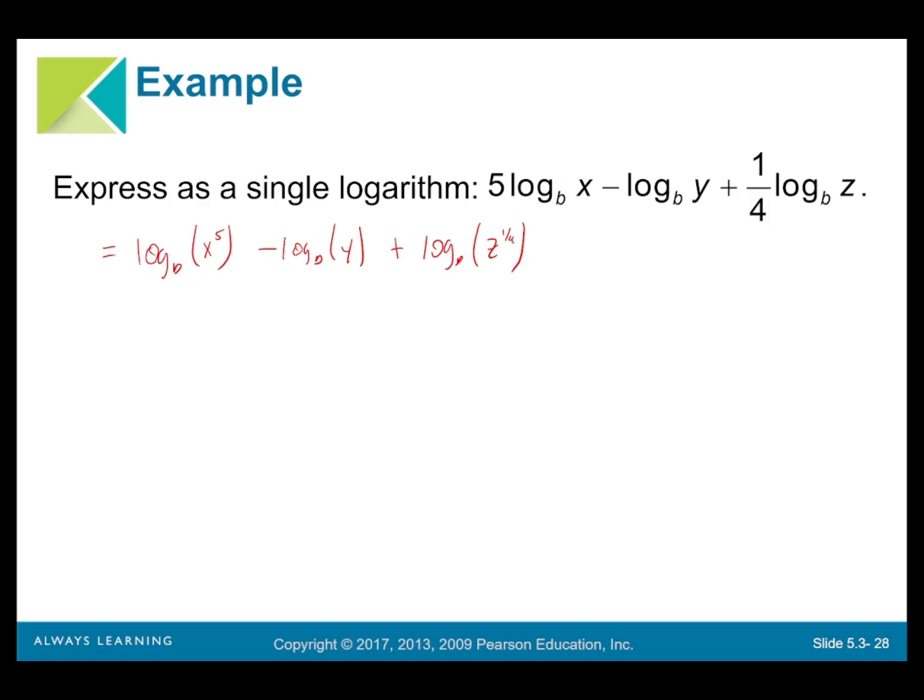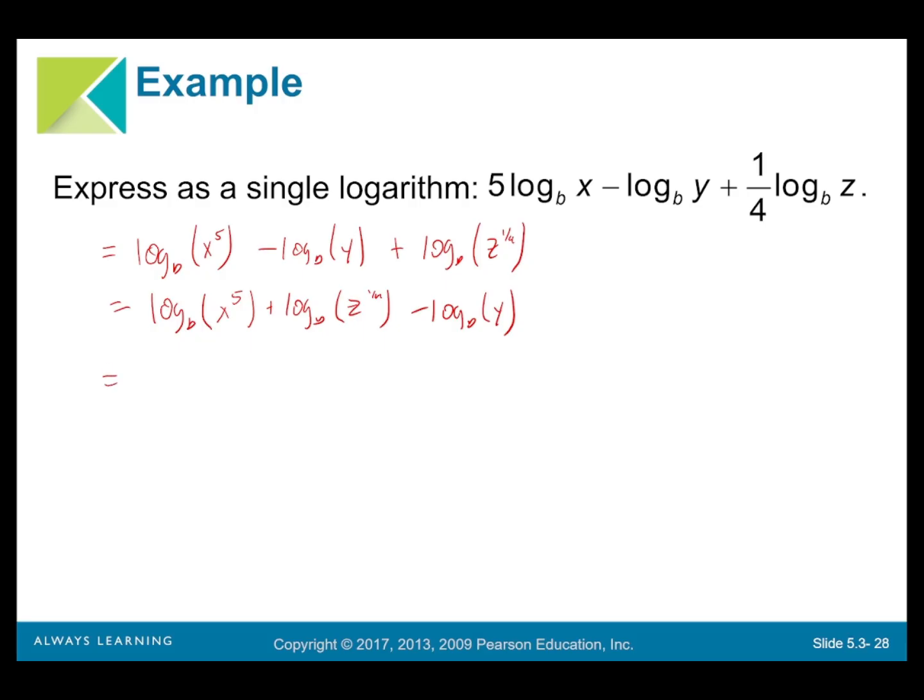Just like that. Now the other thing I like to do is move that minus term to the end. Log b of x to the 5 plus log b of z to the 1/4 minus log b of y. See, when I have it on the end there, then I can clearly identify, oh, that's going to be my quotient, and I'm going to have a product first.